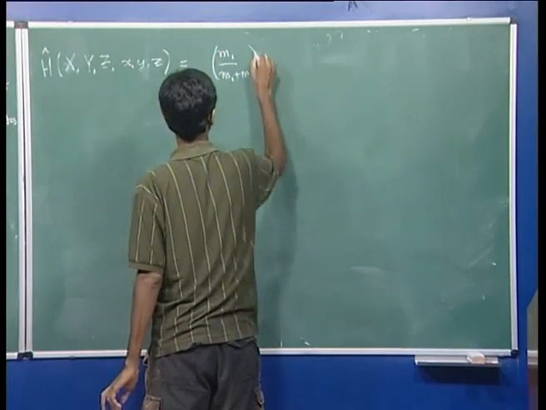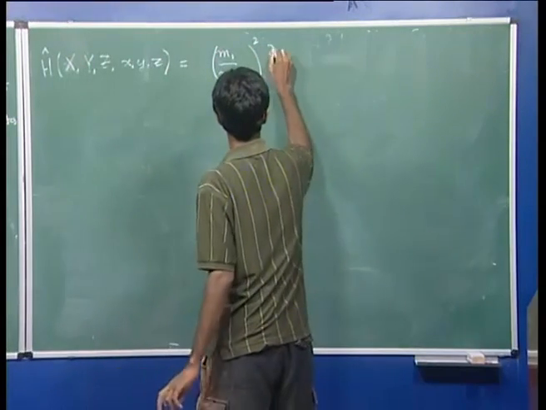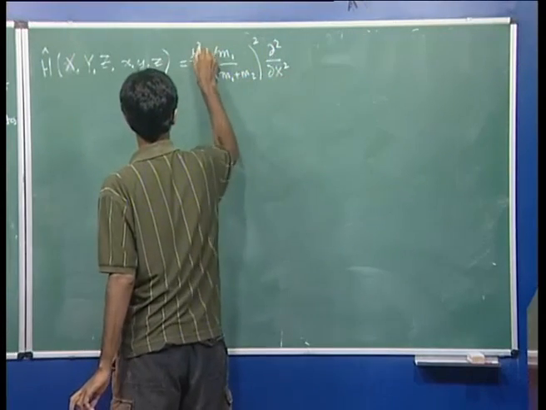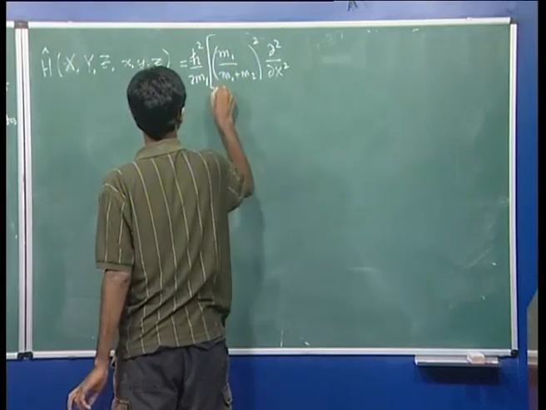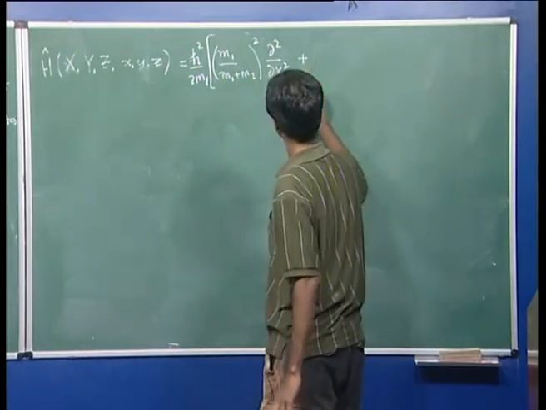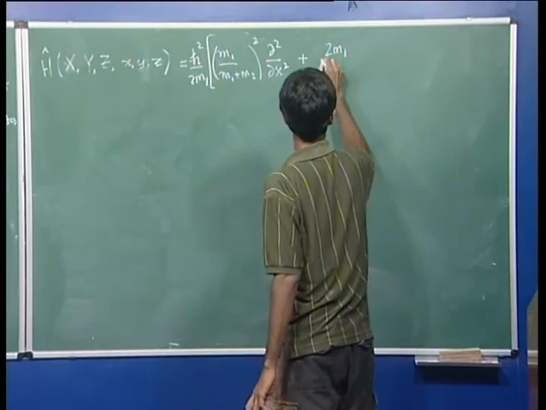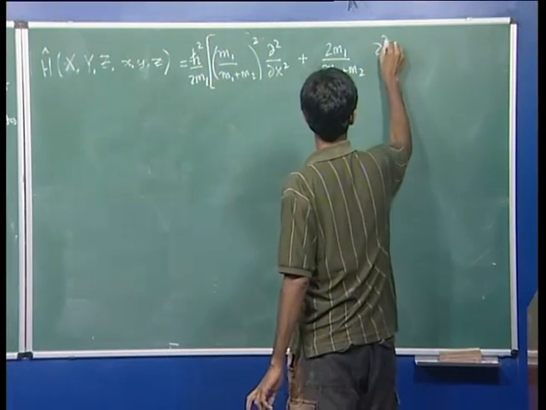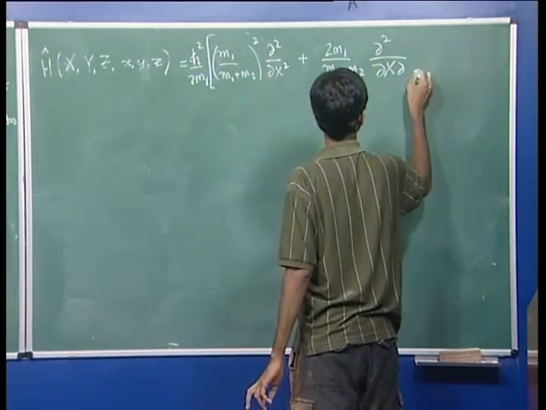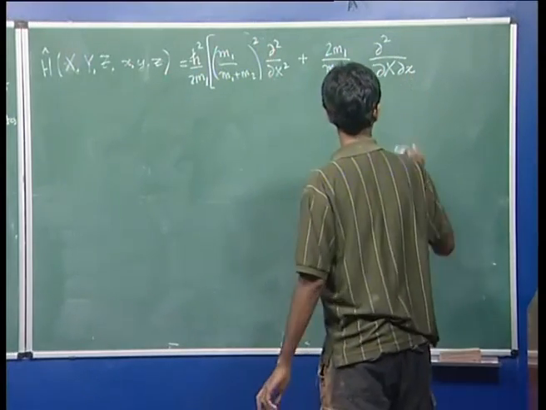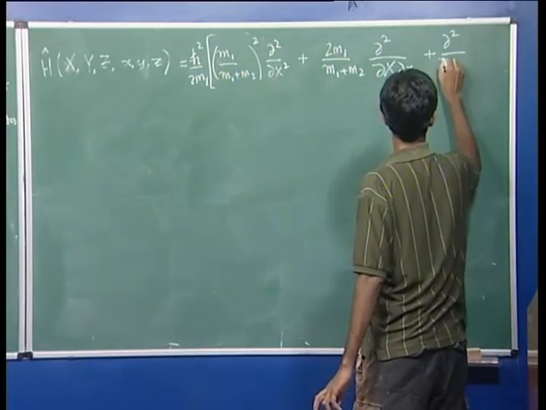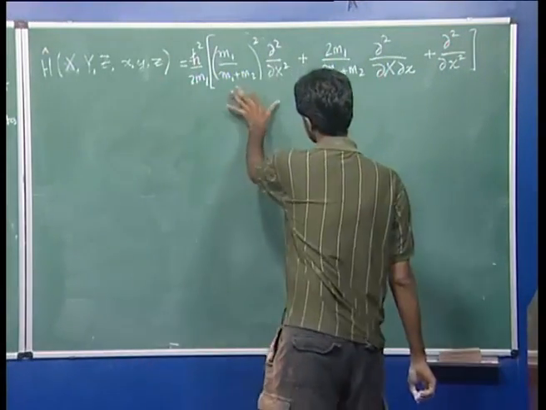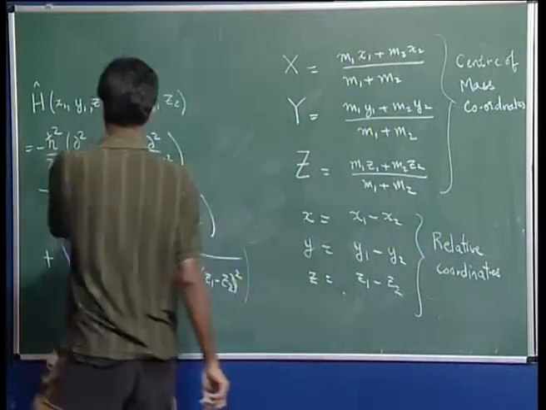Plus m2 squared d square by dX square, so this is minus h cross square by 2 m1 into this plus... Okay, so this whole thing is just the contribution from this first term.